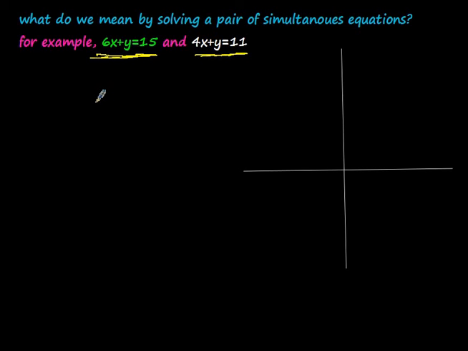We know that every linear equation could be represented by a straight line. For example, this one in green could be represented by this straight line. I'm not very accurate, but actually it does the trick. And the second one could be represented by this straight line.